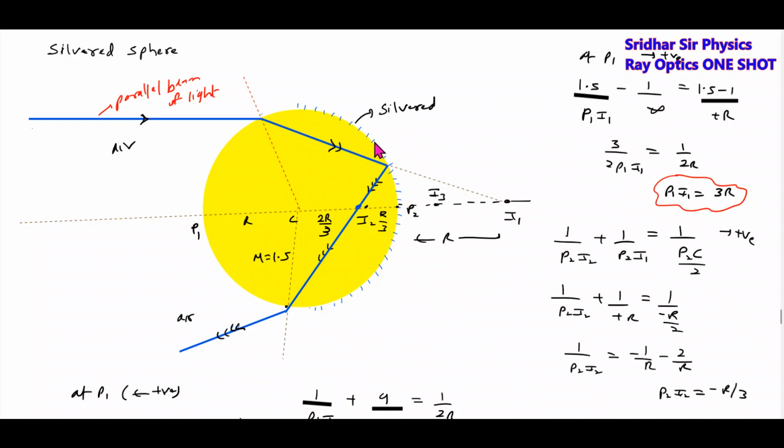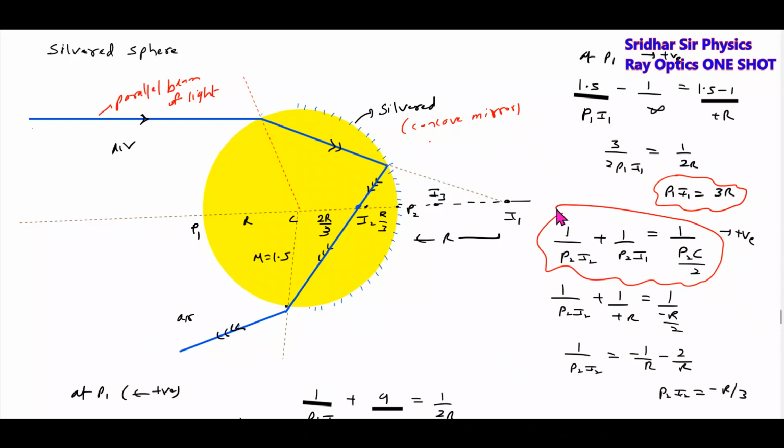Then the ray here will now undergo reflection. So this will behave like a concave mirror. So 1 by P2I2 plus 1 by P2I1, using the mirror formula. So what is this?